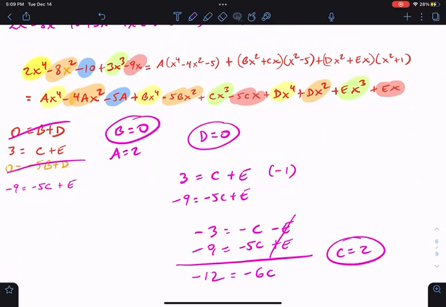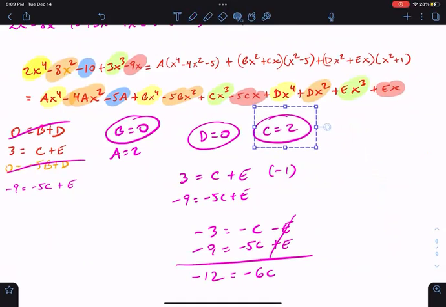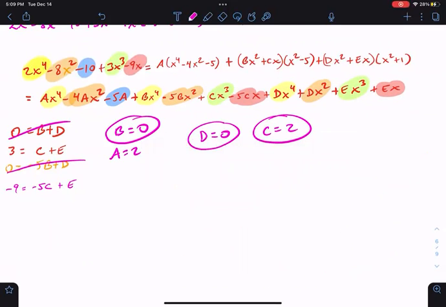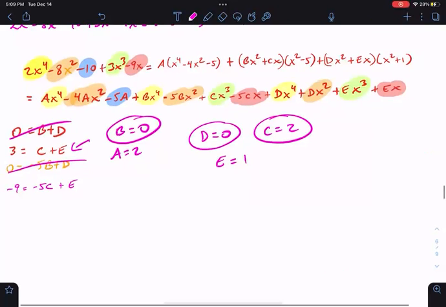Okay, that's good. So if c equals 2, I can solve the rest. If c equals 2, I can solve this one. So that means that e equals, if I use this equation, I know that e equals 1, right? -2 on both sides. So e equals 1. Okay, so I found my solution.